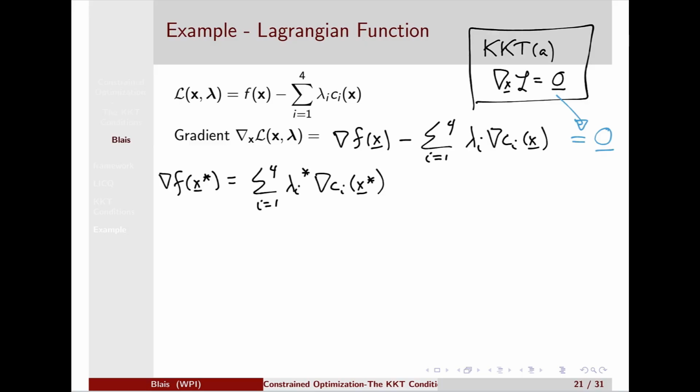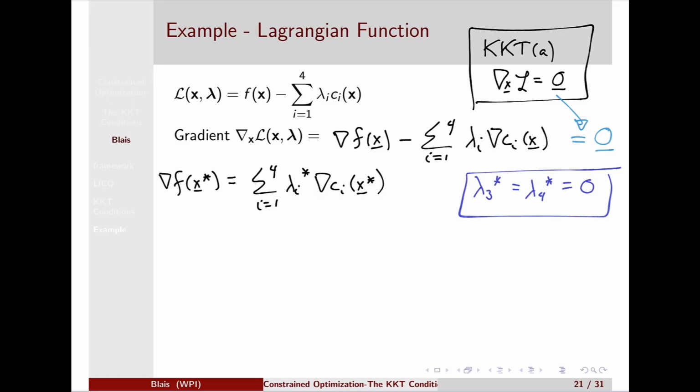But note, lambda 3 star and lambda 4 star were 0. So the third and fourth terms in this sum are 0, because the lambda 3 zero wipes out the term and the lambda 4 zero wipes out the term.